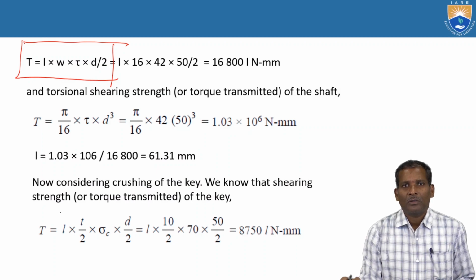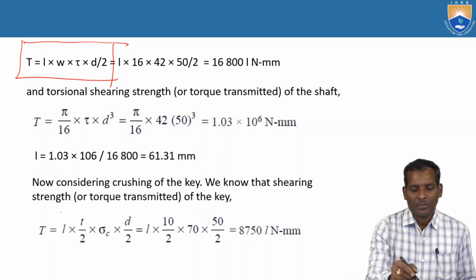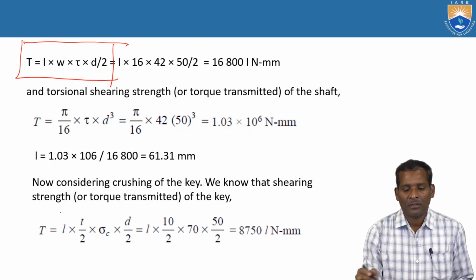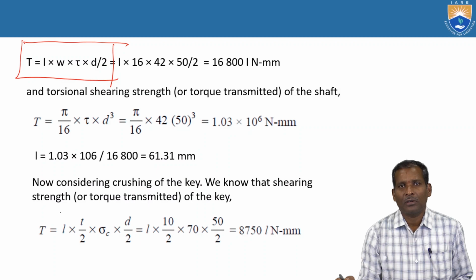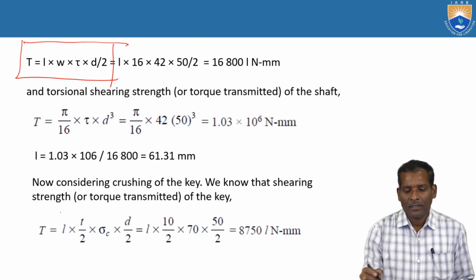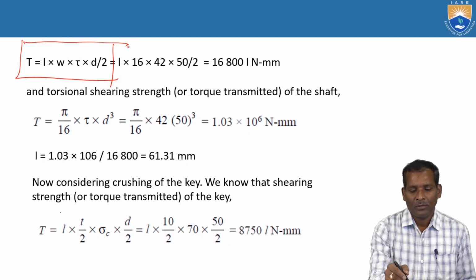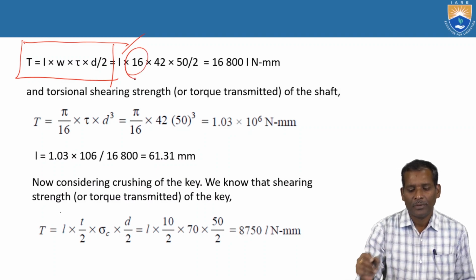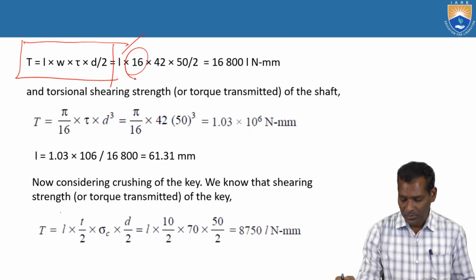L into W is the area, and then tau into d by 2, the torque transmitted equation. Here L we don't know, we need to calculate. W is not given, so we need to calculate it.